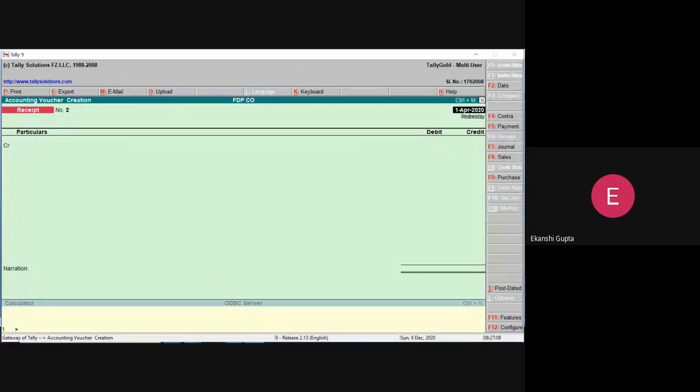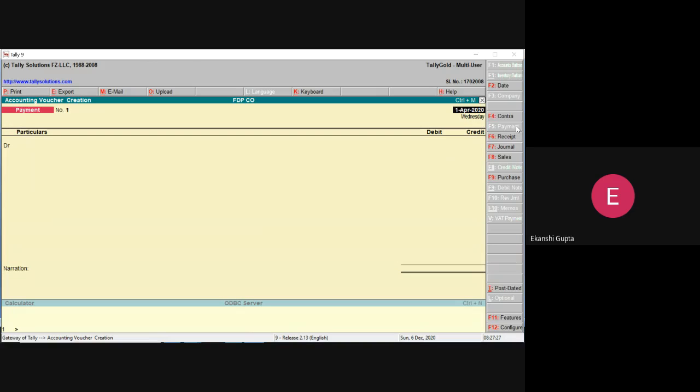Will it be in the contra voucher? In contra voucher, the entries are where there is cash and bank, both on the credit and debit side. But here there is no cash and no bank, so we won't be using contra voucher.